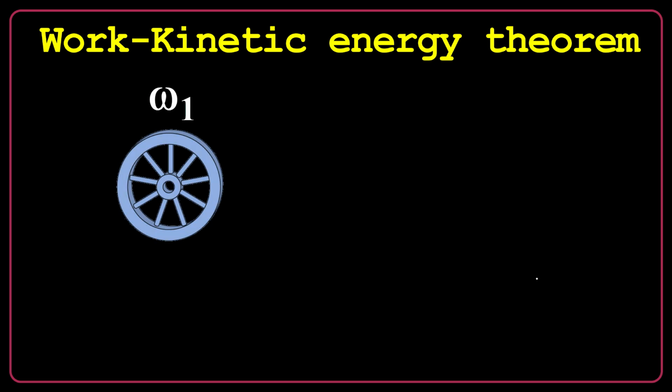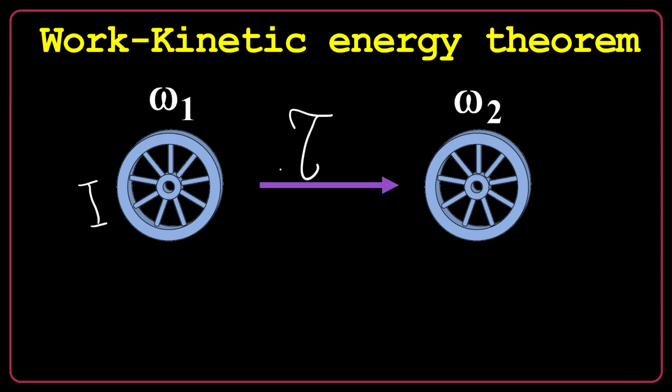I have a wheel. Let's say this is the moment of inertia I, and it starts from initial omega of omega 1, initial angular speed, and then due to the net torque acting on that, it goes to a final omega 2. Not necessarily accelerating, it could be even a decelerating motion. Not important.